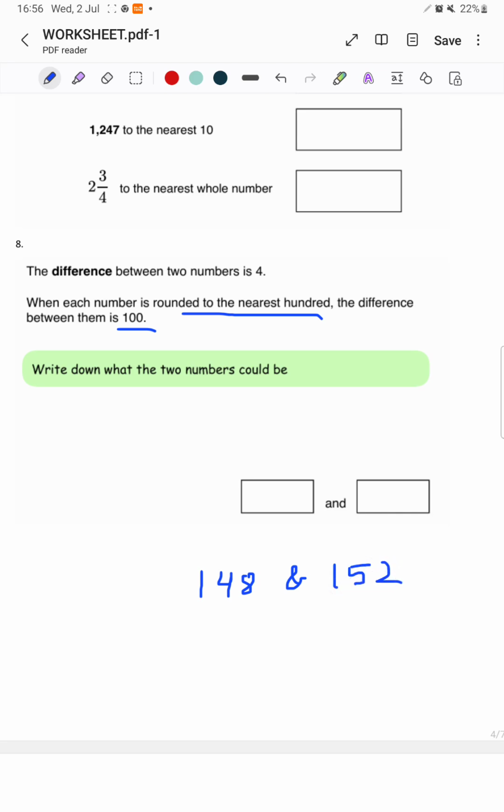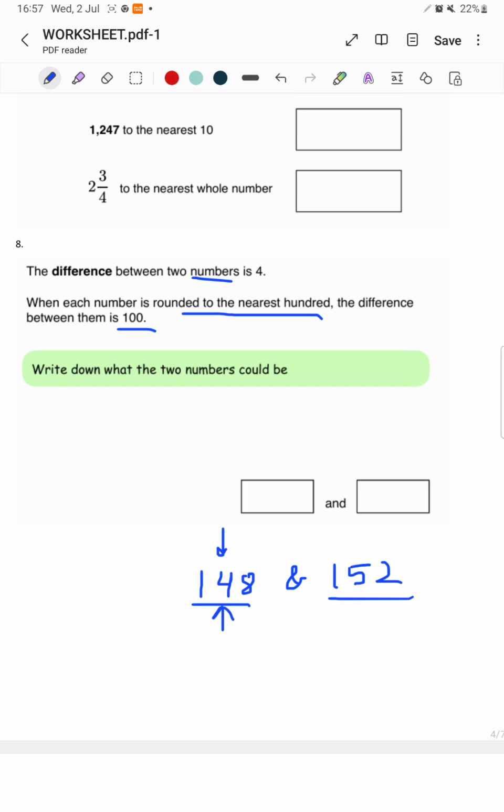I have to take two numbers in such a way, because we are rounding to hundreds, we have to focus on the tens place, because the tens place digit is the main thing here which will decide where it will round off. So one number we have to take less than 5 and another has to be 5 or more. So I took one as 148, another is 152.